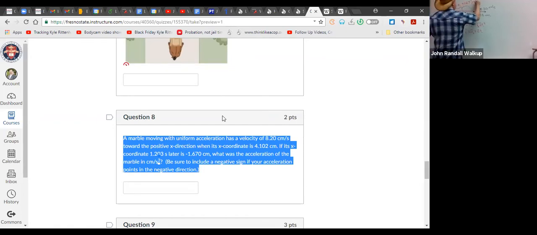So this becomes negative 5.77. So this is negative 5.77 is v naught, positive 8.20, times the time, which is, I didn't write that down, 1.28.